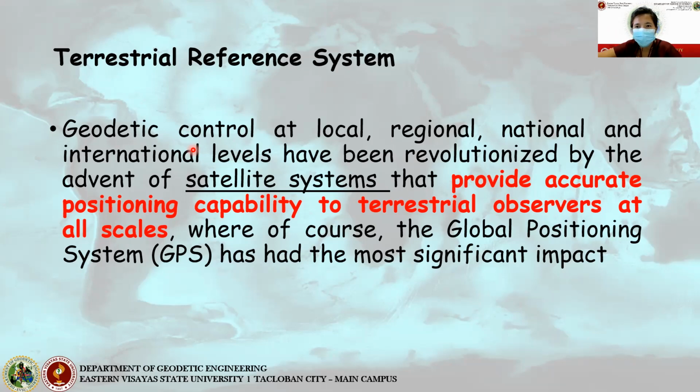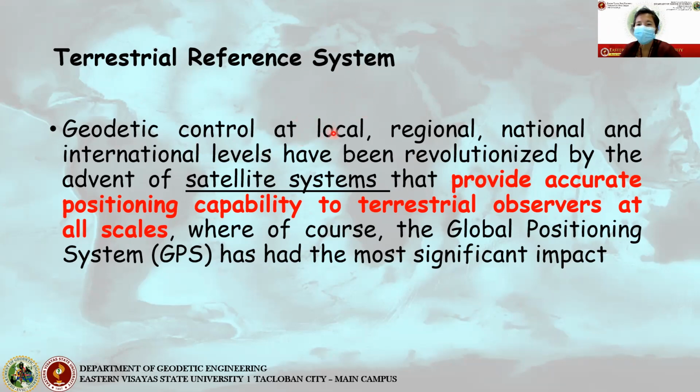But now, with the revolution and advancement of measurement, this has been improved with the use of satellite systems. With satellite observation, we can now conduct a survey and check the correctness of the coordinate system established a long time ago.